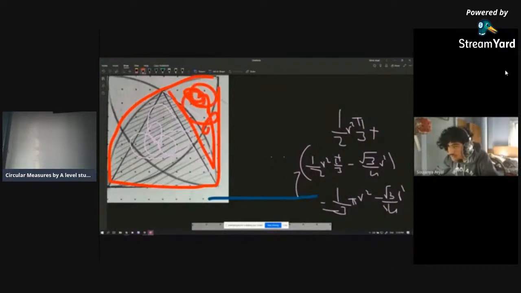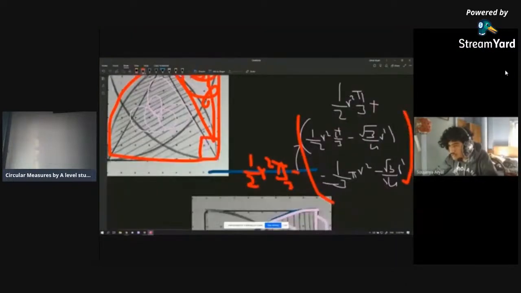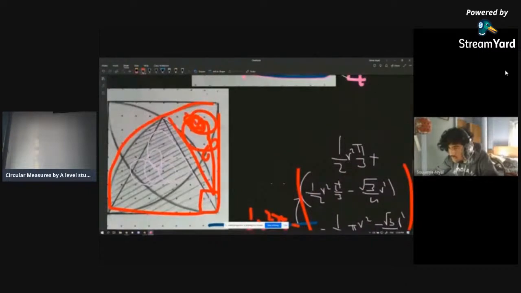So the area of the whole sector is 1 by 2 r square, and since this is a square, that's 90 degrees, pi by 2. We'll just subtract this whole equation with the area of the sector, which leaves us with just the area of this part.